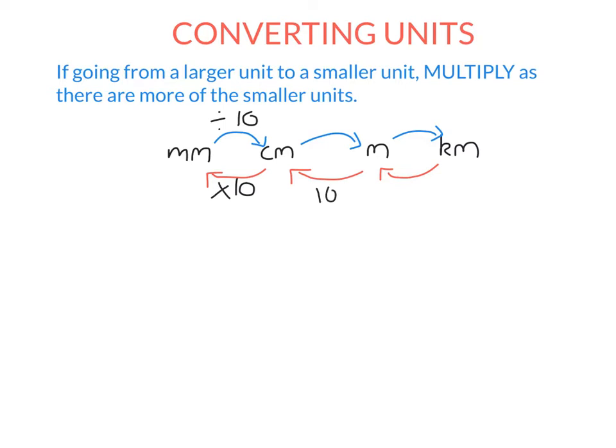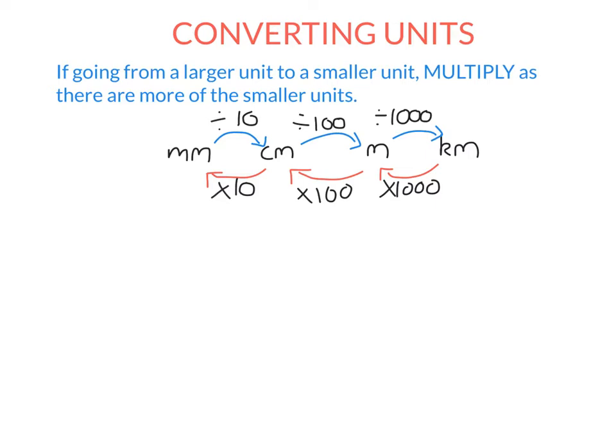There are 100 centimeters in a meter and 1,000 meters in a kilometer. So if I'm going from meters to centimeters, it's a larger unit to a smaller unit, I times. All of these red arrows are times and the blue arrows are divide. So this chart will help you convert units.